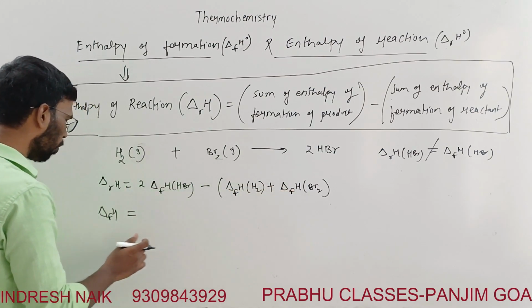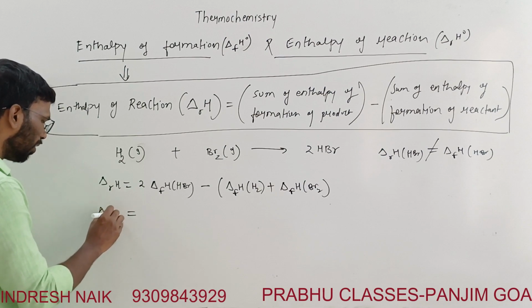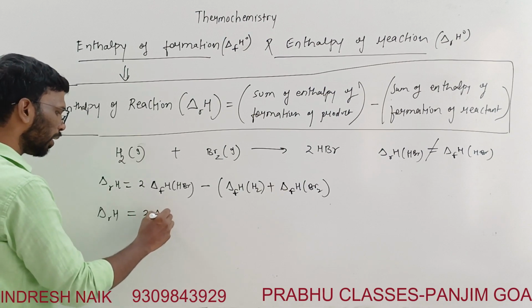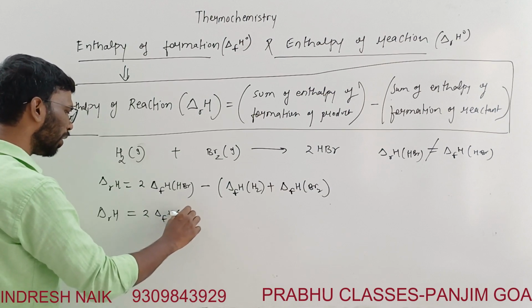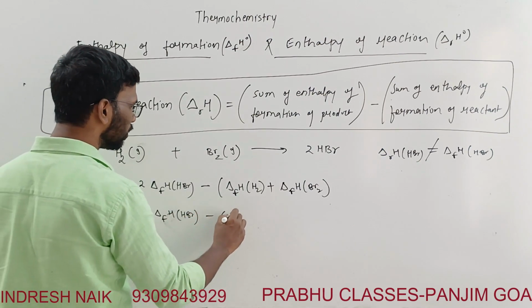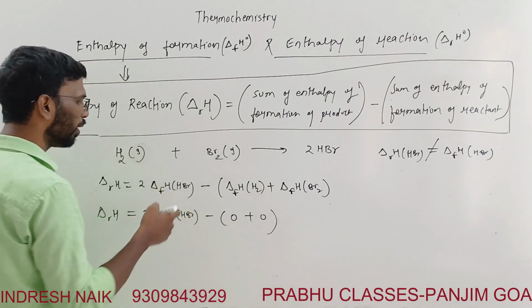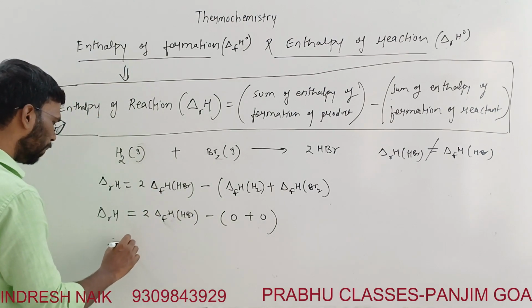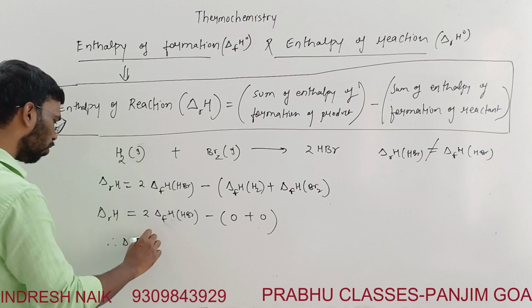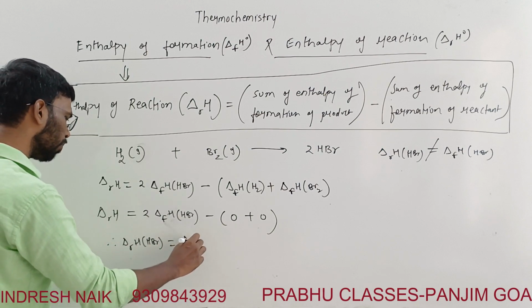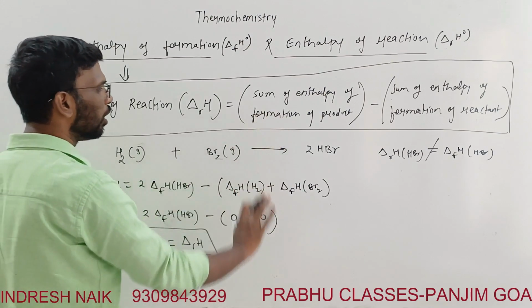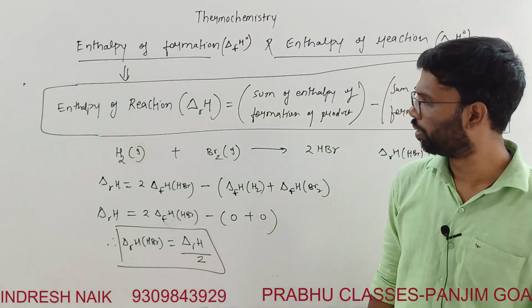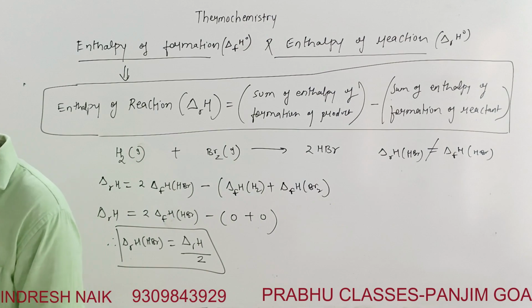So here enthalpy of the reaction is 2 times enthalpy of formation of HBr minus 0, no? Both H2 and Br2 are in their free state, so 0. Therefore, enthalpy of formation of HBr is equal to enthalpy of reaction divided by 2 in this case, since it was forming 2 moles. We'll take one problem and we'll understand this better.